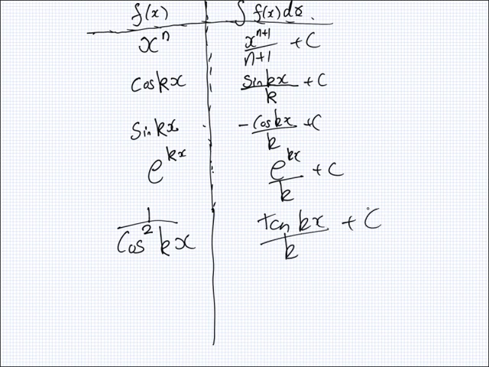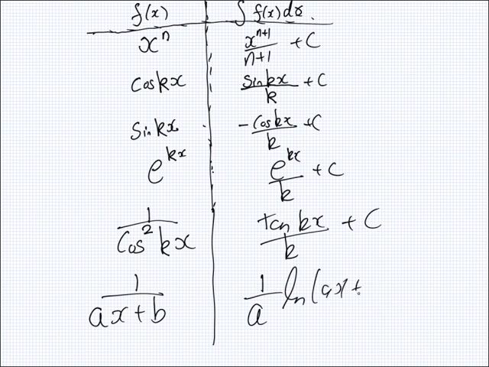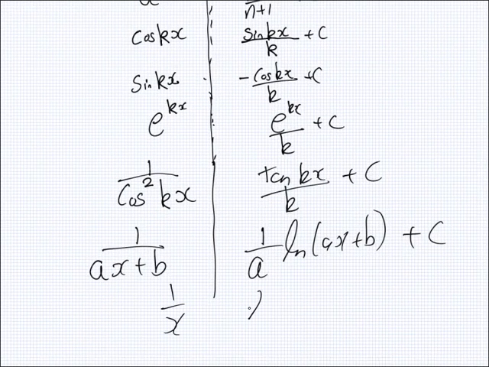Let's see. Oh yeah, 1 over, let's say, ax plus b. That one would become 1 over a log ax plus b plus c. And the special case here is 1 over x becomes log x when a is 1 and b is 0.